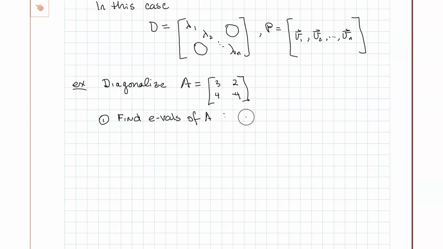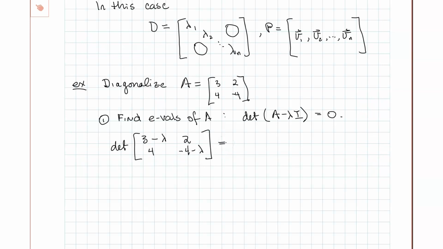And to do that, remember, we're going to compute the determinant of A minus lambda I and set it equal to 0. And then we have to solve that, in this case, a quadratic equation. So we've got the determinant of A minus lambda I is the determinant of [3 minus lambda, 2; 4, minus 4 minus lambda].